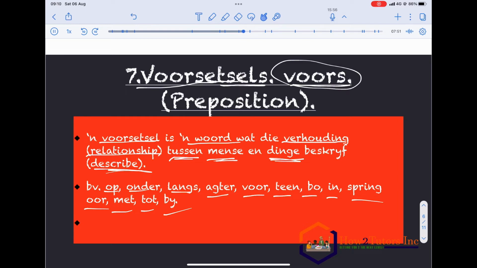Op is on, onder is under, langs is next to, agter is behind, voor is before, teen is between, bo is on top, in is inside or in something, spring oor is jump over, met is with, tot is until, by is by.